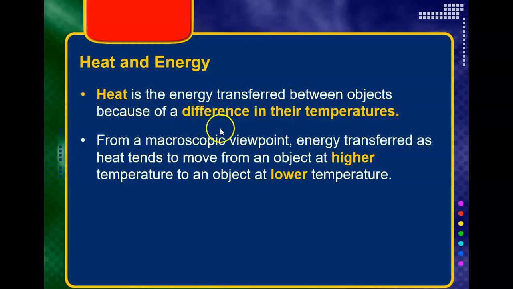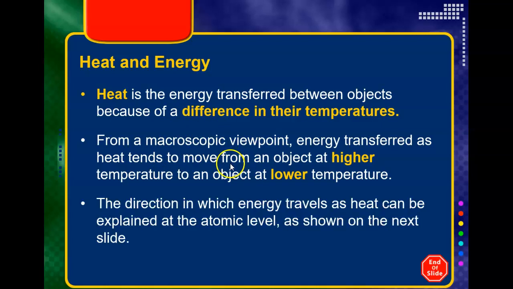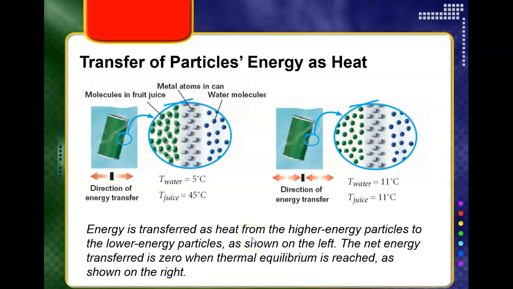So the direction in which energy travels as heat can be explained here. Energy transfers from something that has more energy, that's warmer, to something that's cooler. And energy will be transferred till the objects have the same energy and same temperature.